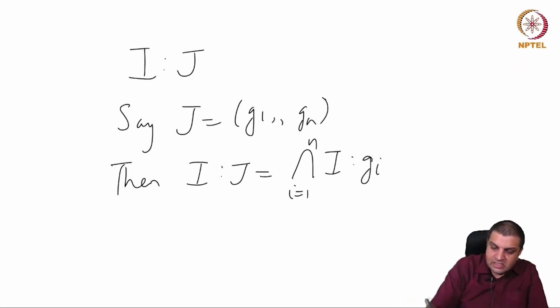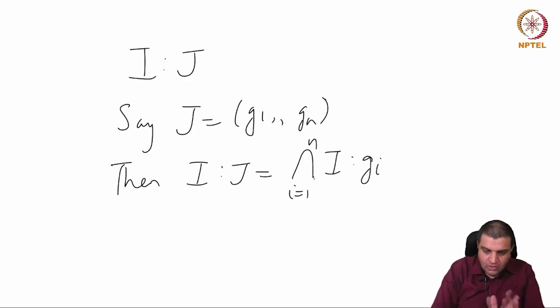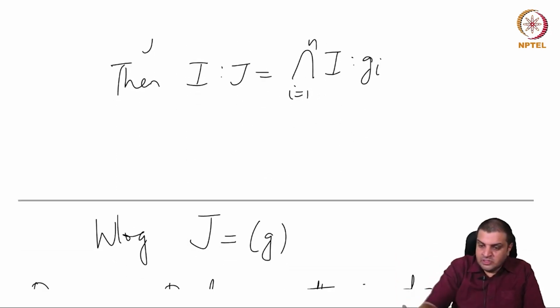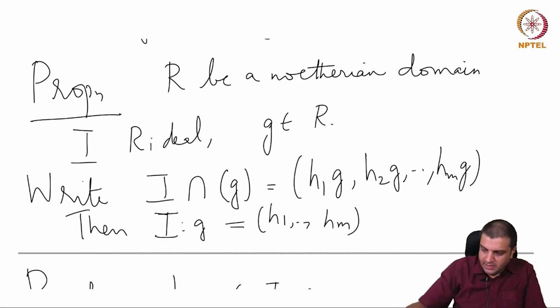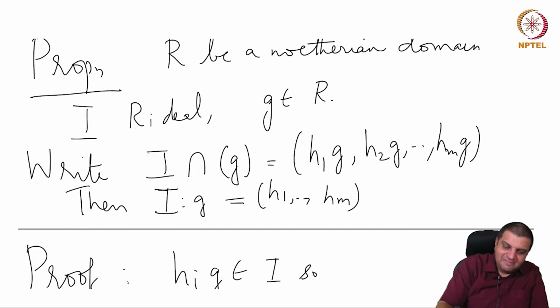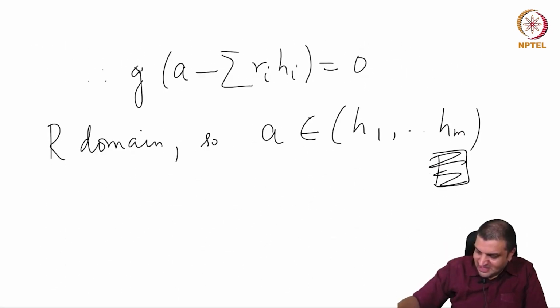For taking colon ideals, we need algorithms to do two things: one, intersect ideals, and then take colons by principal ideals. The principal ideal part is what we just described, but that itself involves taking an intersection. So it might be useful to learn to do the intersection first. So let's do that now.